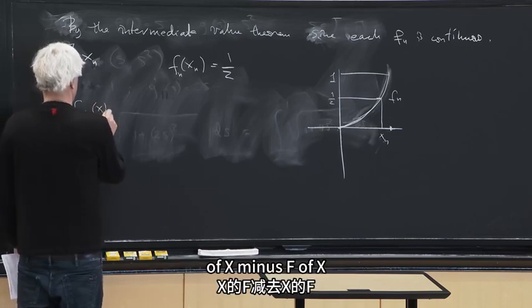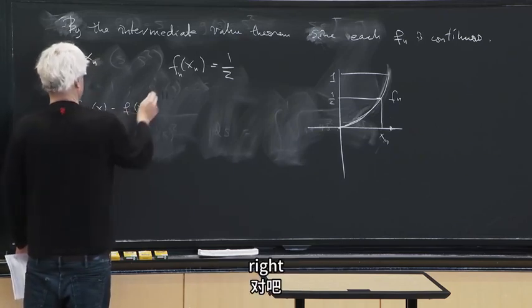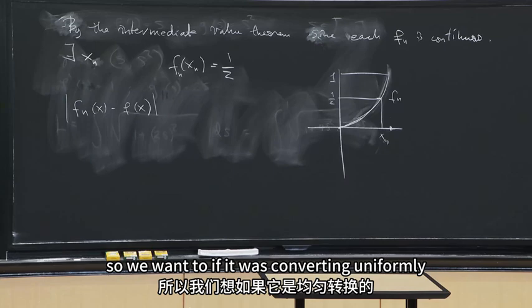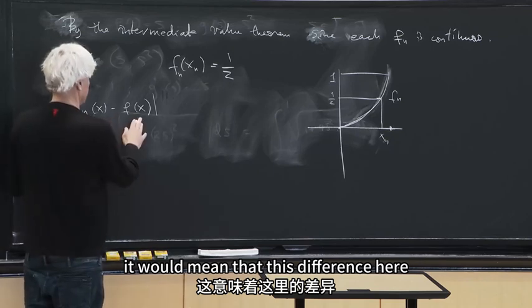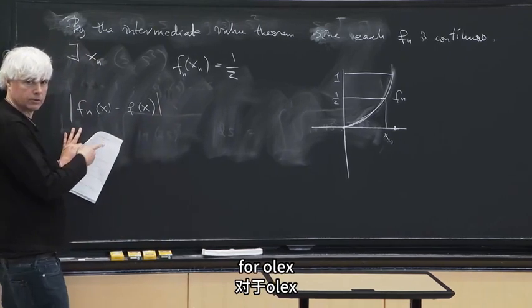Okay? But if you're now looking at Fn of x minus f of x, right? If it was converging uniformly, it would mean that this difference here would be smaller than some epsilon for all x, right?